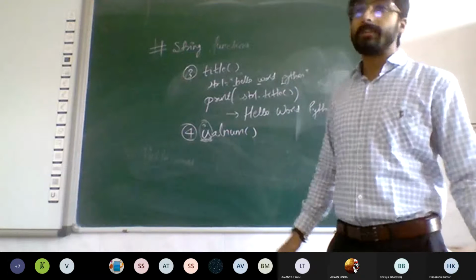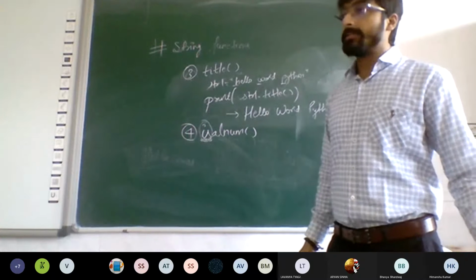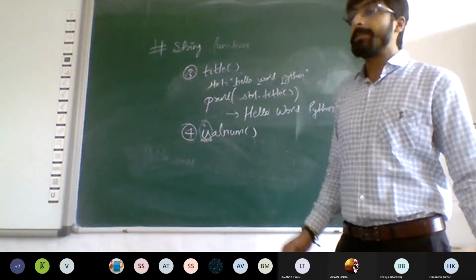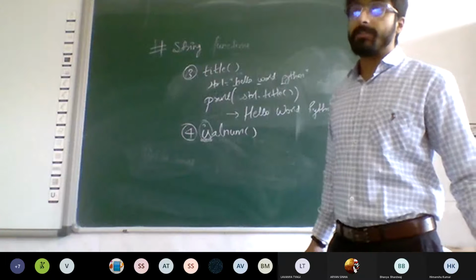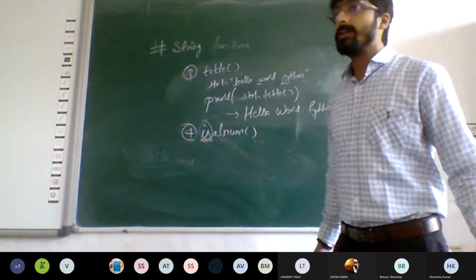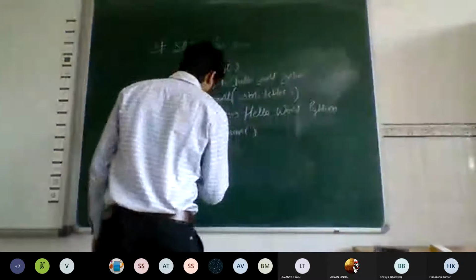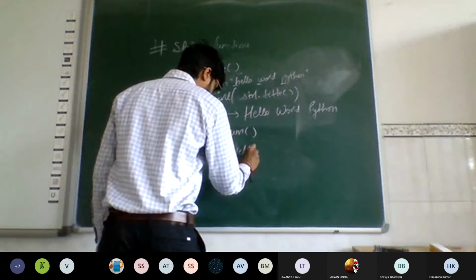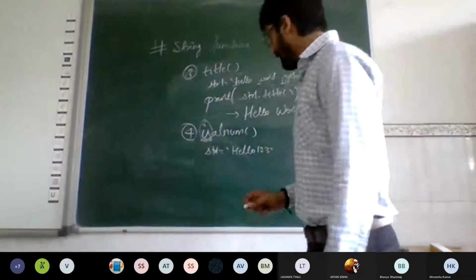This isalnum function checks whether the string is having alphabets or numbers. Instead of number, write down digits. It will check whether the string consists of alphabets or digits or both. Now, for example, we have a string hello world, right?